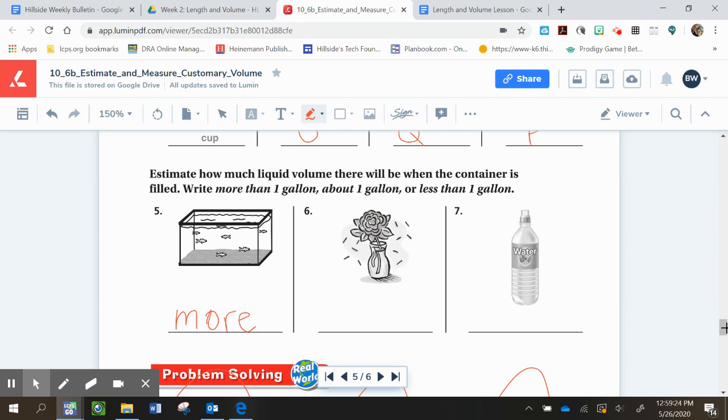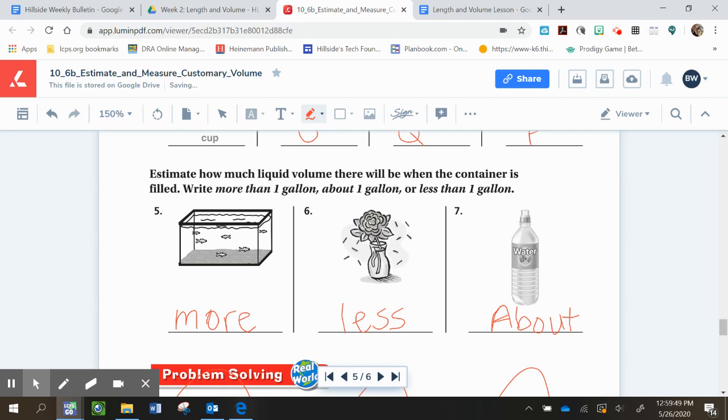Look at this and look at this. I'm thinking that this water bottle is pretty big, so I'm going to say this is about a gallon. And this is going to be less than a gallon.